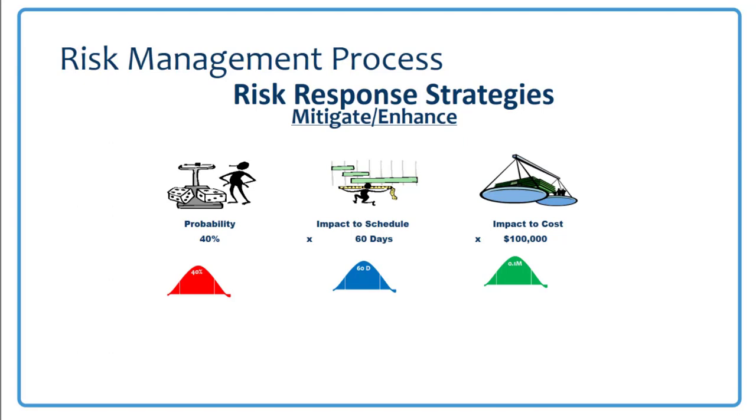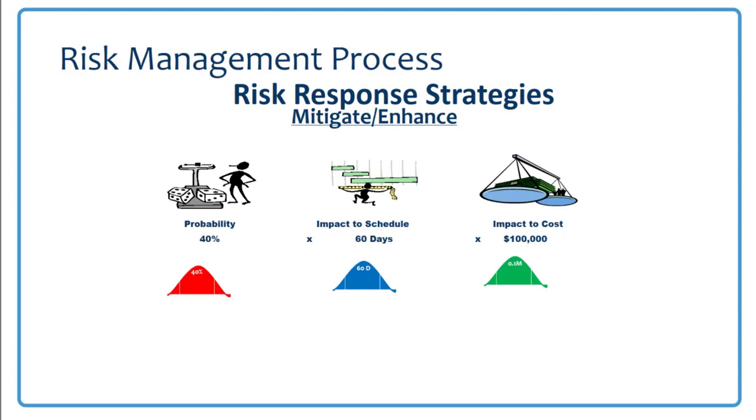To enhance an opportunity, you take action to increase the probability and or impact of the opportunity for the benefit of the project. You'll seek to facilitate or strengthen the cause of the opportunity and proactively target and reinforce its trigger conditions.